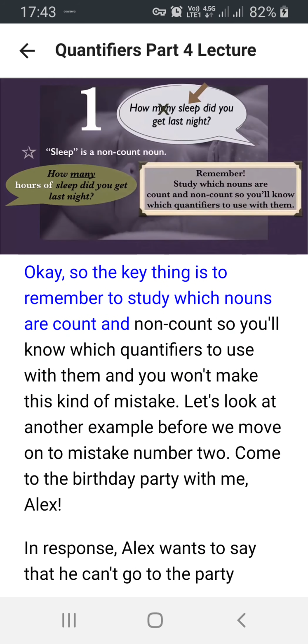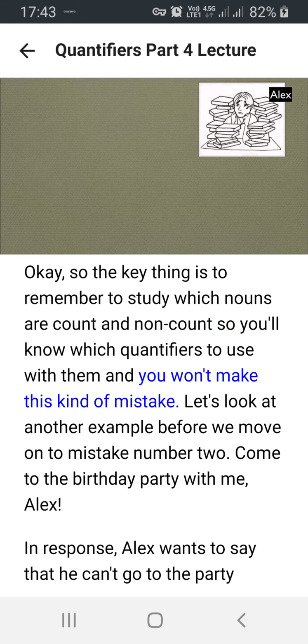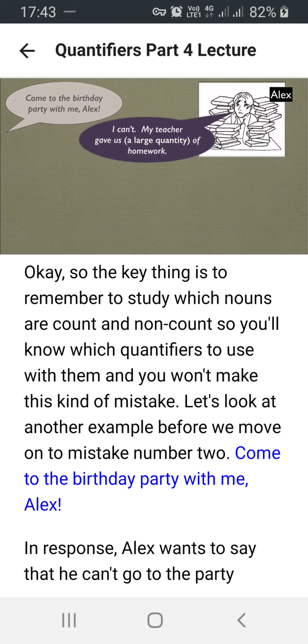Okay, so the key thing is to remember to study which nouns are count and non-count so you'll know which quantifiers to use with them and you won't make this kind of mistake. Let's look at another example before we move on to mistake number 2. Come to the birthday party with me, Alex.